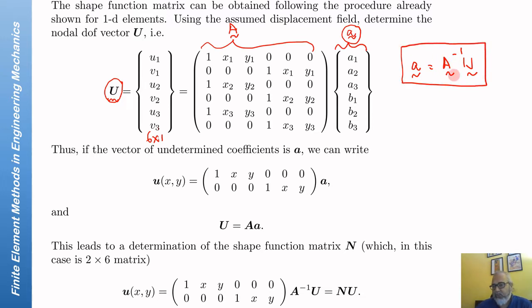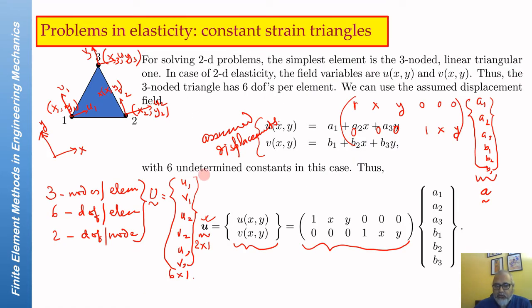We still have not proved whether A is invertible or not, but assuming that it is, you can write the coefficients in terms of the vector of nodal displacements. Once you have done that, you can go back to this equation and in place of this write A inverse U, which means now you have displacement at any point inside the element in terms of the vector of nodal degrees of freedom.